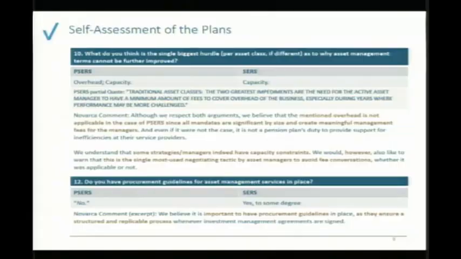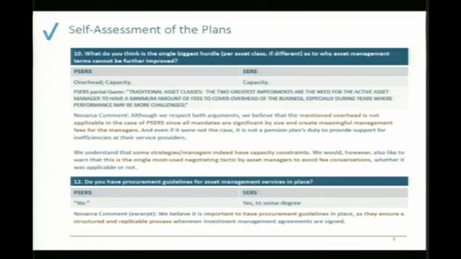We have asked both plans if they have procurement guidelines in place. And I believe I've heard in previous statements today that those are actually being built up. We believe those are very important, and they would allow for a structured and replicable process whenever a mandate is agreed upon.